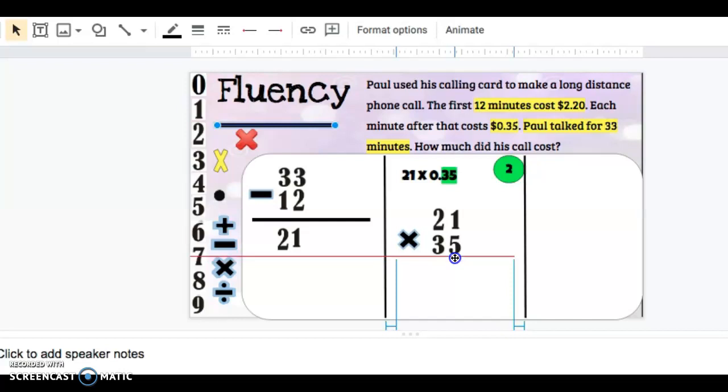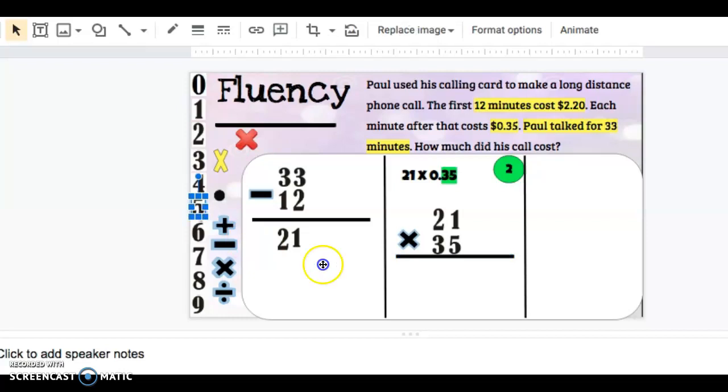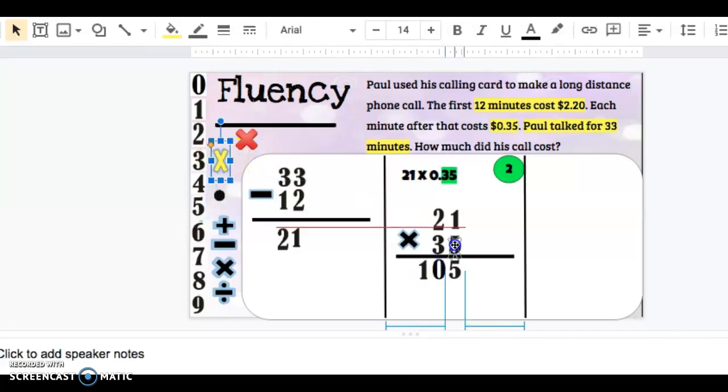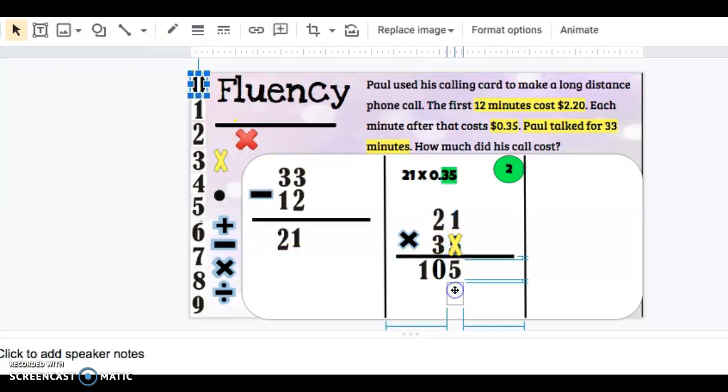Okay, so now we begin to multiply. We start by doing 5 times 1, 5. 5 times 2 is 10. Okay, so we got to do another number, which means we're adding another row. So we have to place a 0. 3 times 1 is 3. 3 times 2 is 6.